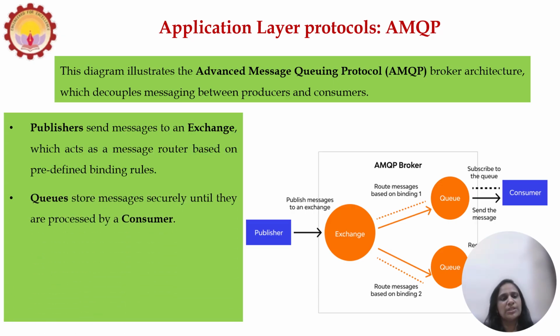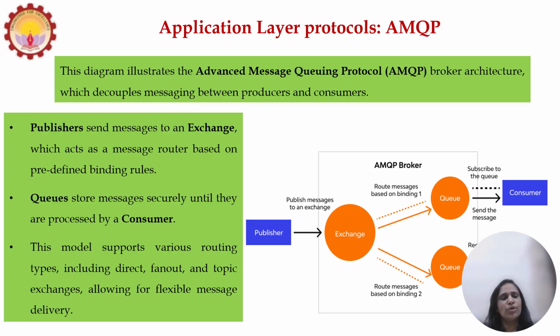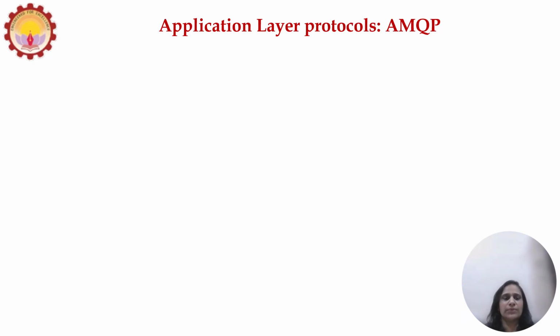The publisher sends messages to an exchange, which acts as a message router based on predefined binding rules. Queues store the messages securely until they are processed by a consumer. This model supports various routing types, including direct, fanout and topic exchange, allowing for flexible message delivery.